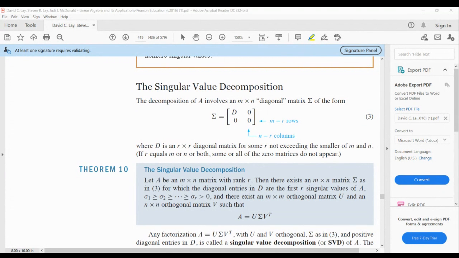Let's say we have a matrix A that's an m by n matrix, and it has rank R. So what does rank R stand for? Do you remember what rank means? The rank of a matrix? What section did you learn rank in? Do you remember?